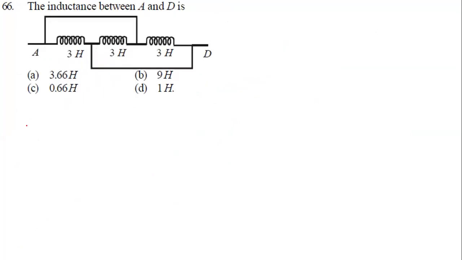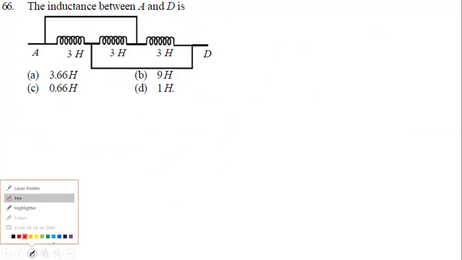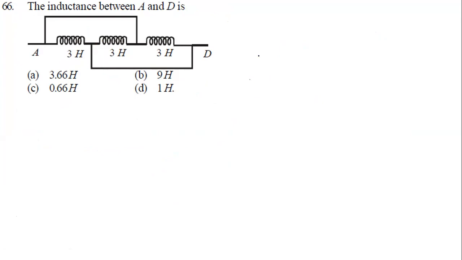Yes. Okay, this is a little different question, but like what we solved. This type of question we solved. In what combination are the resistors? So the resistors are in parallel combination, right?